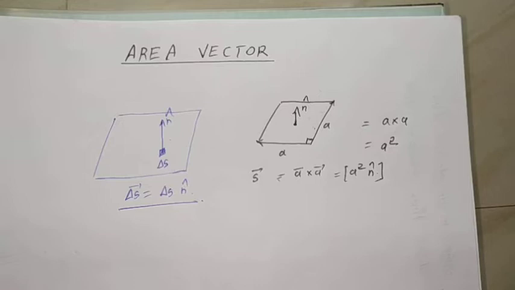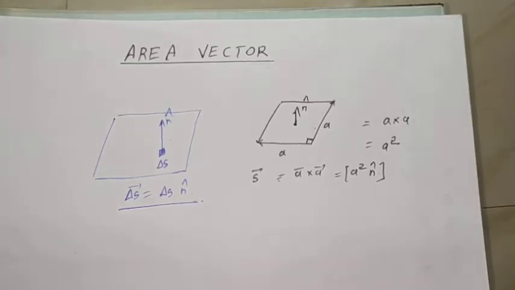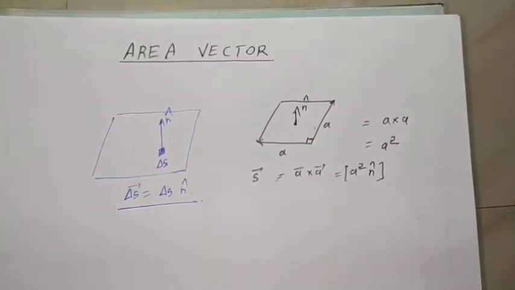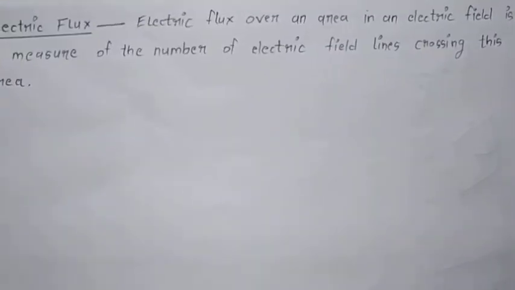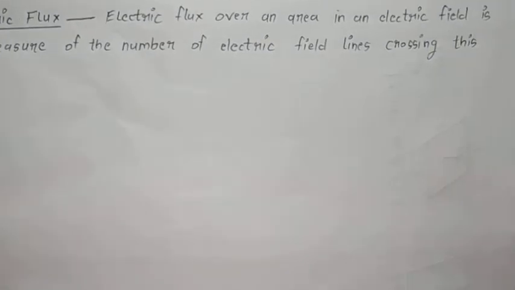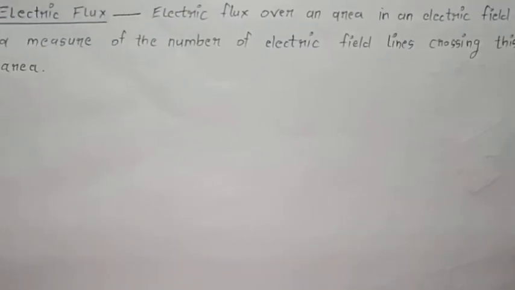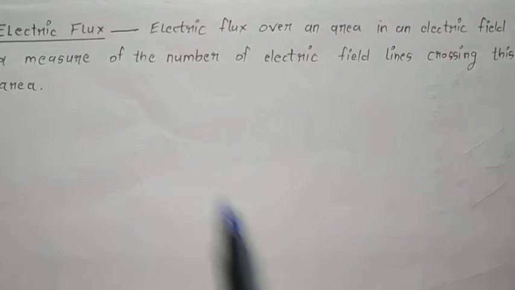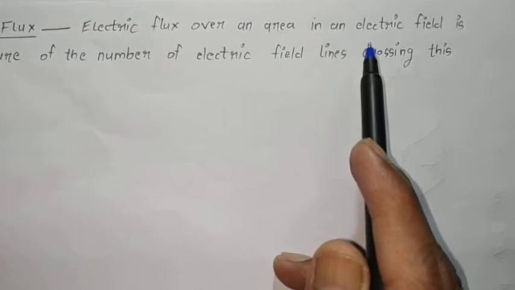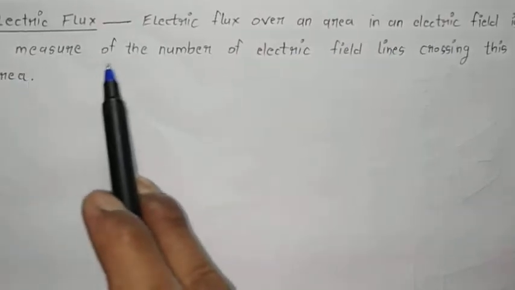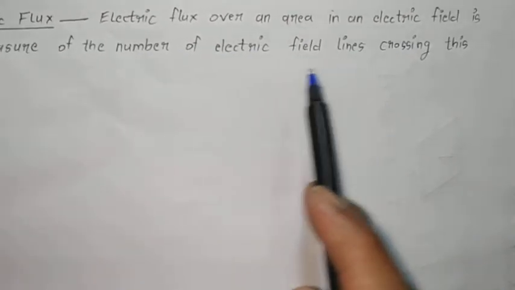So what is electric flux? First we will see what electric flux is. Electric flux over an area in an electric field is a measure of the number of electric field lines crossing this area. Let me explain it first.